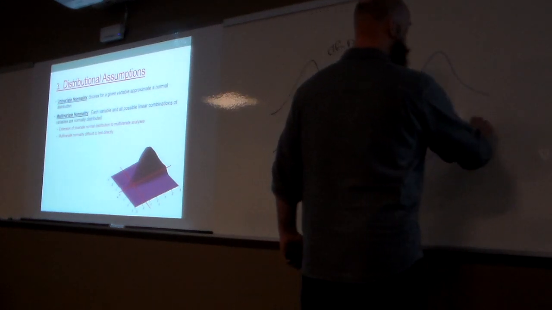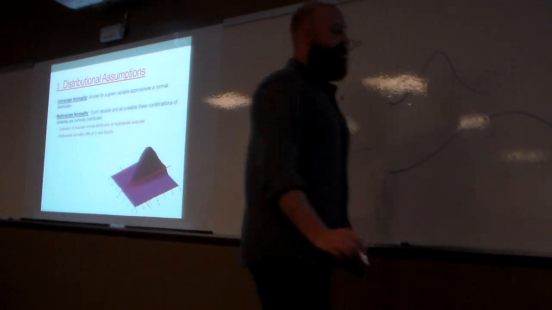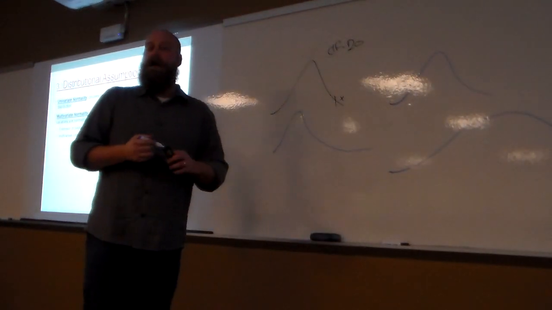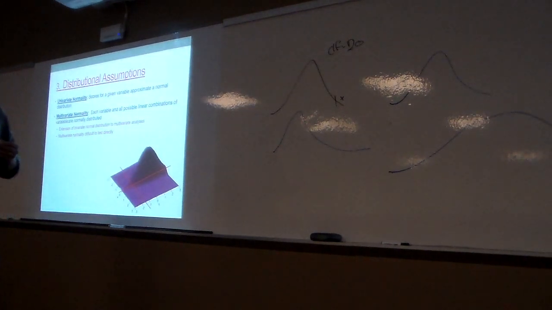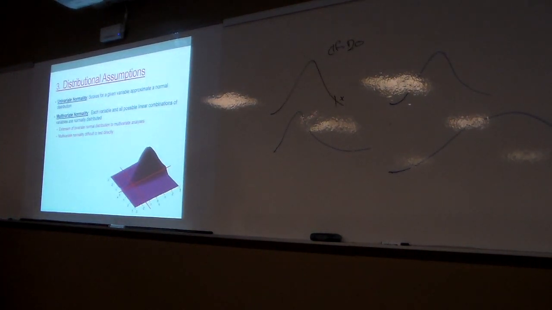This looks like it's going to be something kind of longer. So in three-dimensional space, multivariate normality says that each variable and all possible linear combinations of variables are normally distributed. Okay, we'll see what we're talking about here.